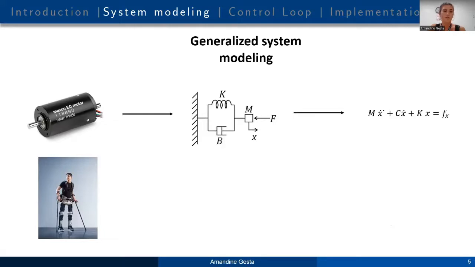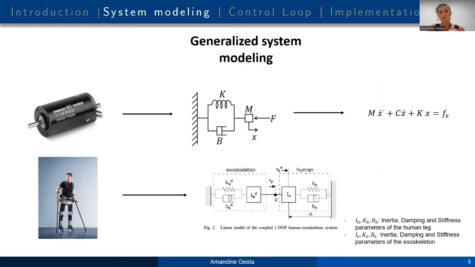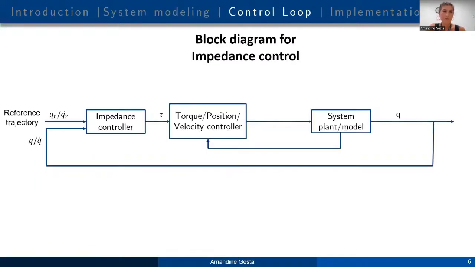Now, when you think about exoskeletons, you can associate it to a mass spring damper system in interaction with a human system, also modeled in the same way, but with different parameters. Once you know how to model this system, you can implement a control loop. This is an example of a classic way to implement an impedance controller.